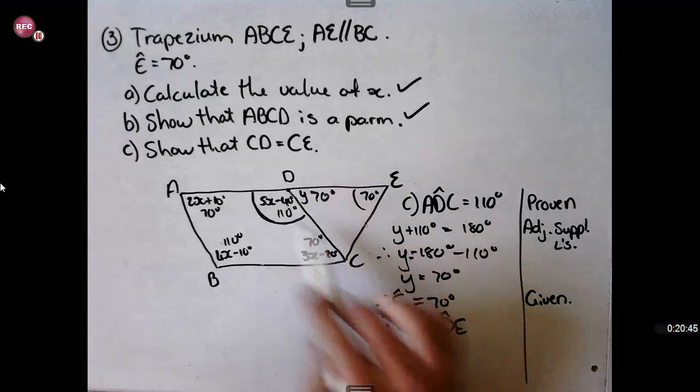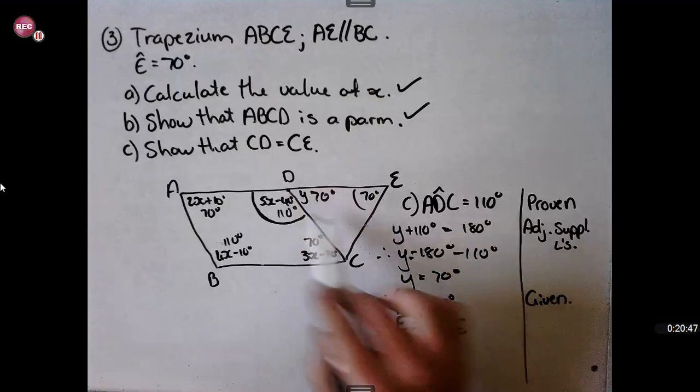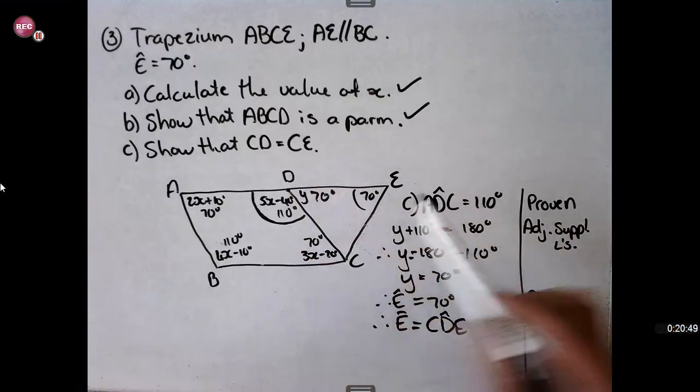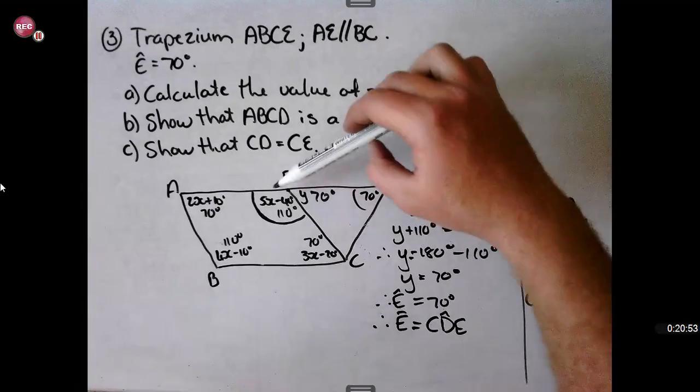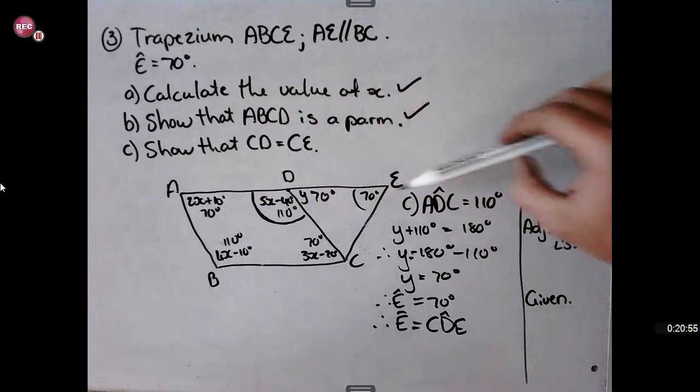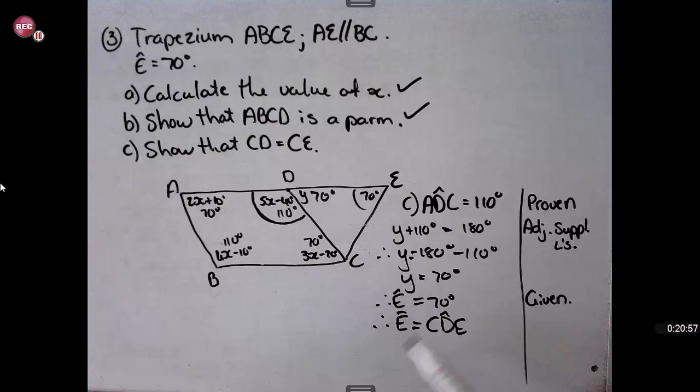Because angle D is shared, you need to be specific in which part of the shape you are working with, okay? Now in this case, we're working with CDE, which makes the Y inclusive in this case, okay? So angle E is equal to angle CDE. And the reason for that is because both of them are 70 degrees.